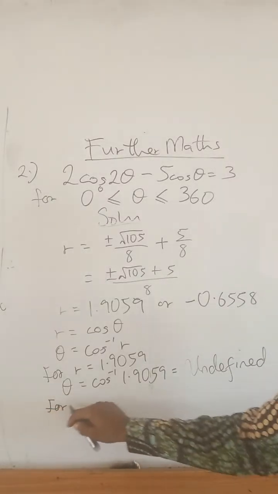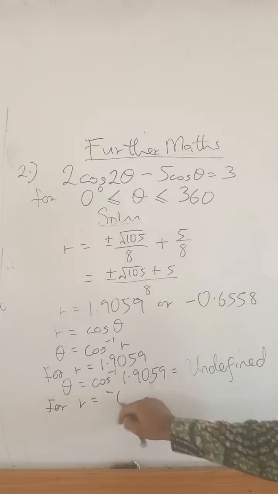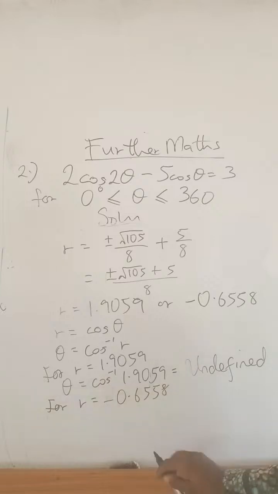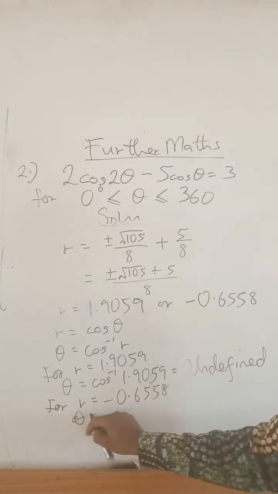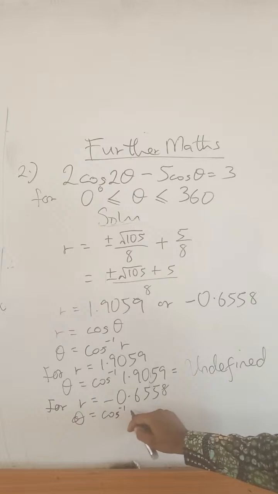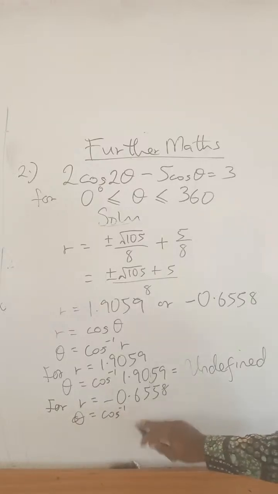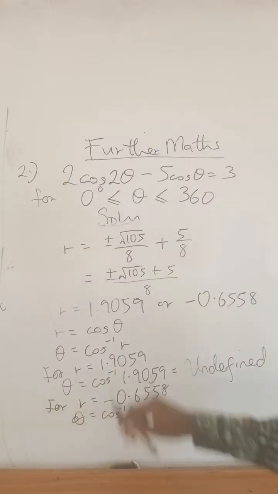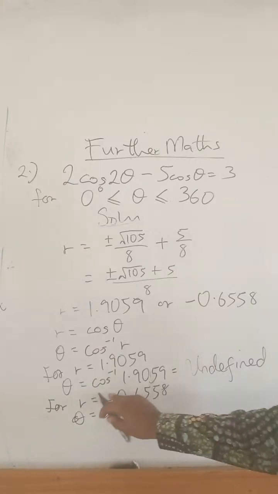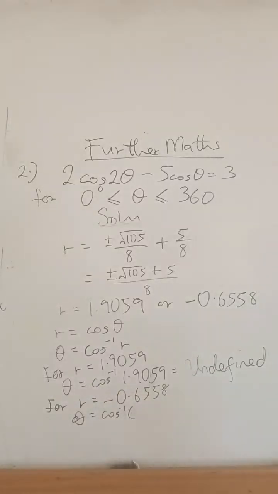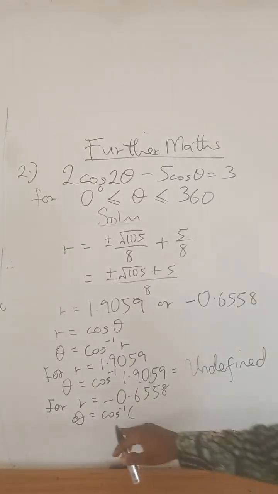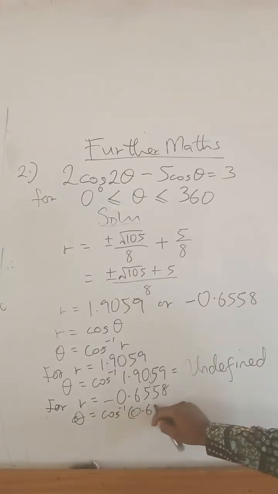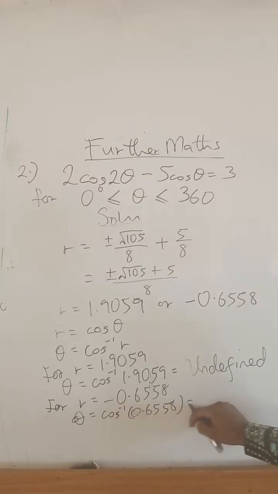For R equals minus 0.6558, theta will be cos inverse of minus 0.6558. We could ignore the minus, but having it in mind that we're considering the quadrants where cosine is negative.